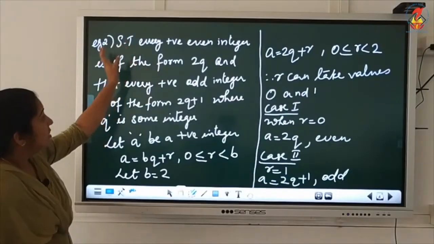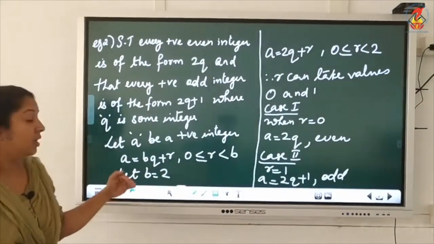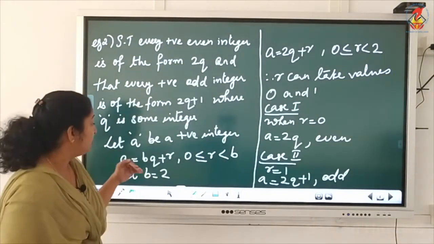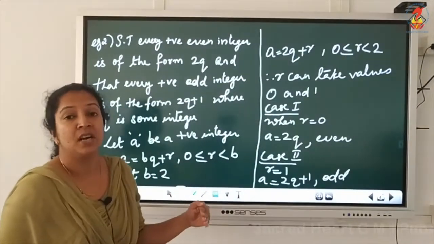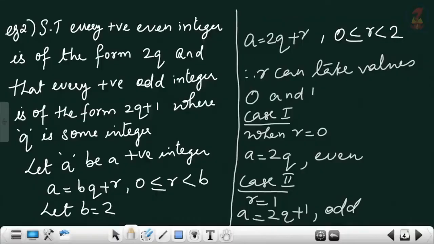So, we have started from a being a positive integer, and using Euclid's division lemma we can write a is equal to bq plus r where 0 is less than or equal to r less than b. Let b is equal to 2, so a is equal to 2q plus r. Therefore, r can take values 0 and 1.